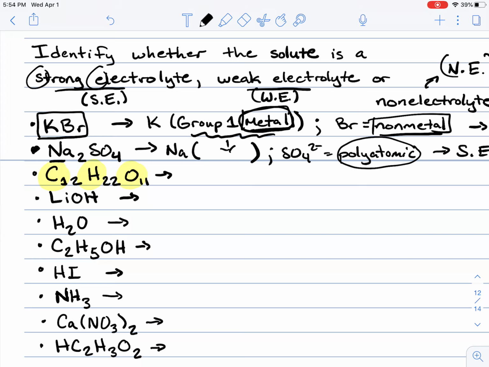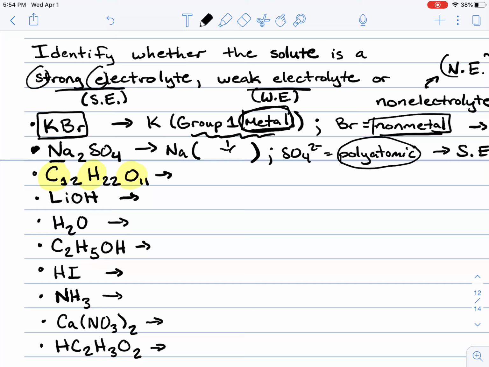If you look at your periodic table, carbon and oxygen are to the right of the staircase, so for sure, carbon and oxygen are nonmetals. Hydrogen, however, is found in the top left corner of the periodic table, right above lithium. And so one might think that hydrogen, since it's technically to the left of the staircase, is going to be a metal.